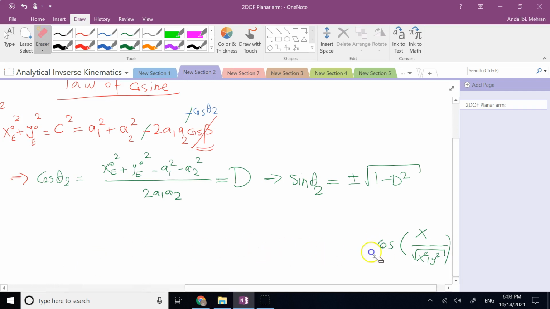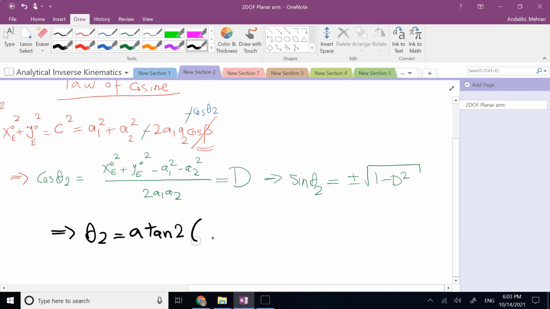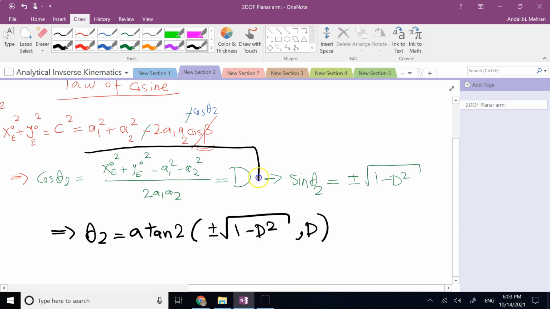Therefore, I use these two things I found for sine and cosine, and then I find theta 2 through arctangent. So theta 2 is going to be arctangent 2 of plus and minus square root 1 minus d squared, which is sine of theta 2, and then d itself, which is cosine of theta 2, where d is this ratio here.